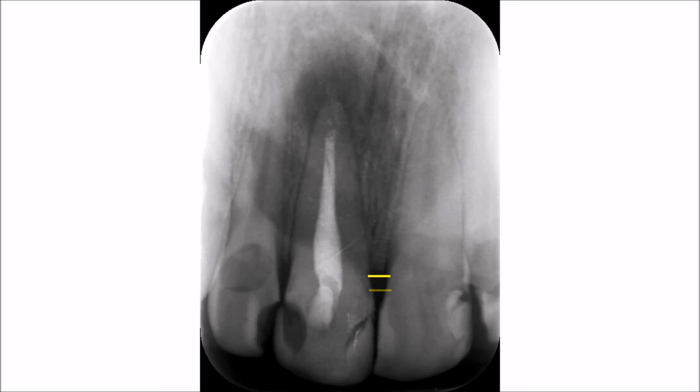But the line connecting the two cemento-enamel junctions of the adjacent teeth and the line of the alveolar bone crest should at all times be parallel. If the teeth are affected, like drifted or tilted towards one side, the relationship remains the same.